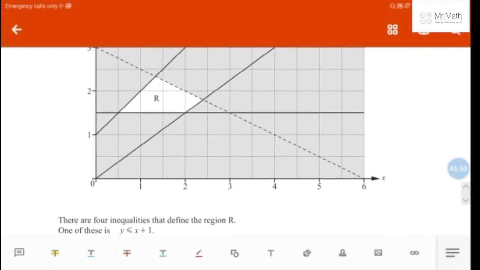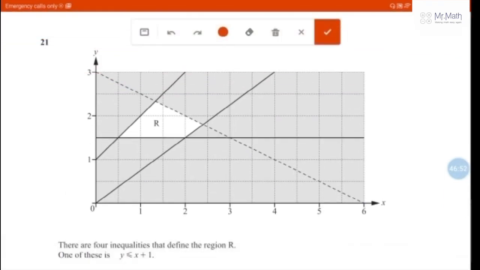For this line, the equation of this line is y equals, this reading is 1.5 or 3 over 2. So the equation of this line is y equals 3 over 2.